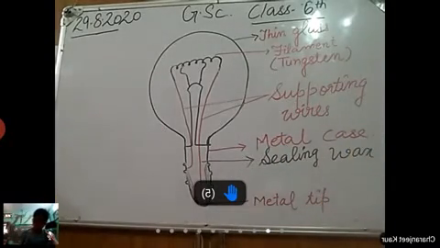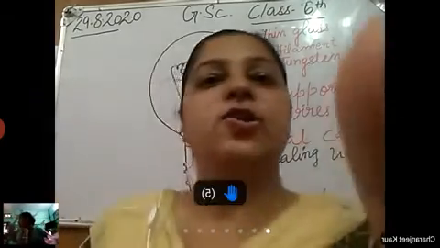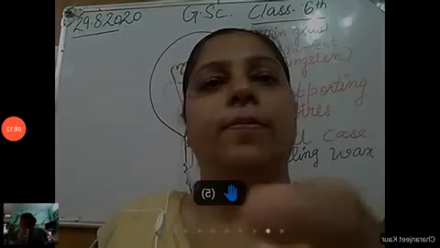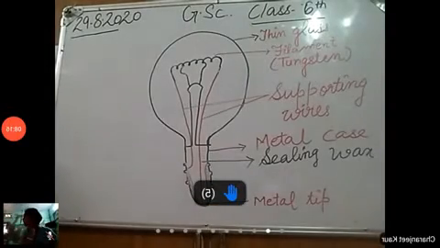Is that clear to all? This is the structure of the bulb. Hurry up, note it down, then we will come to the explanation. This is the construction of the bulb.